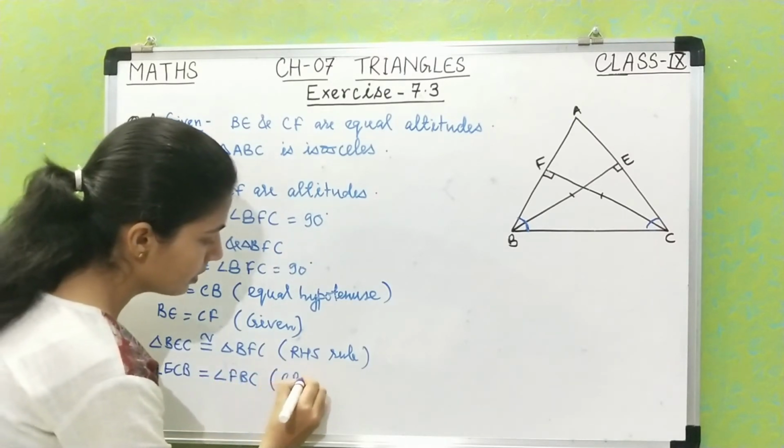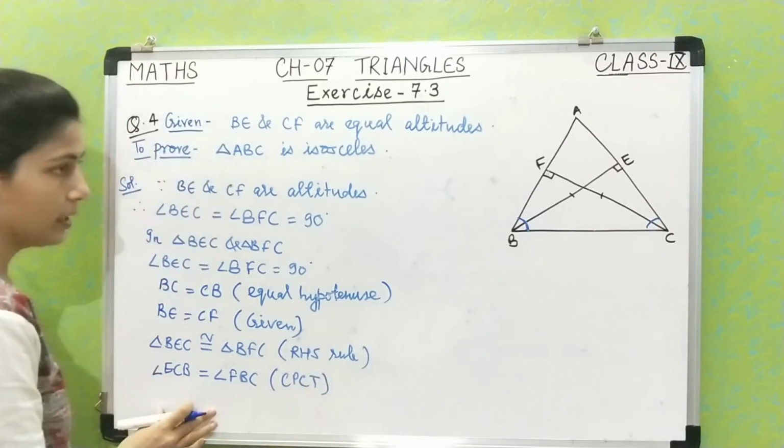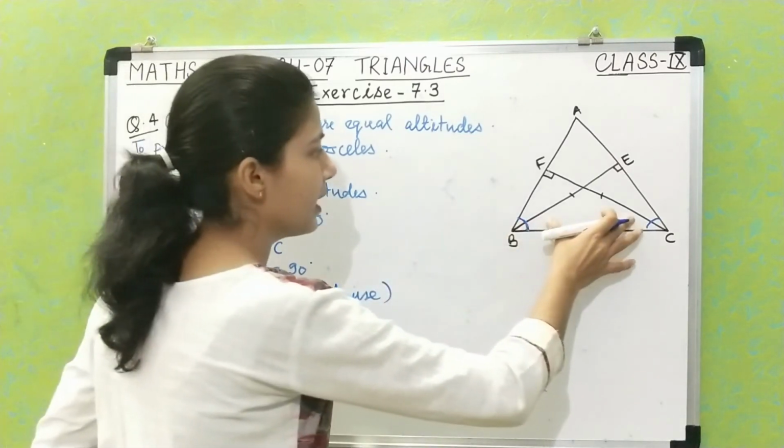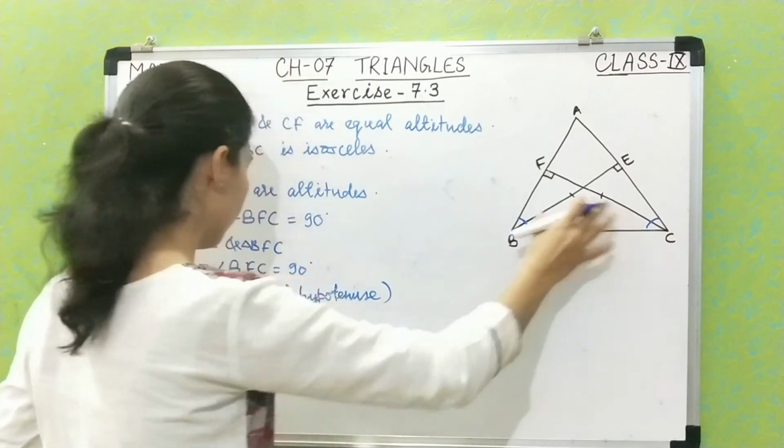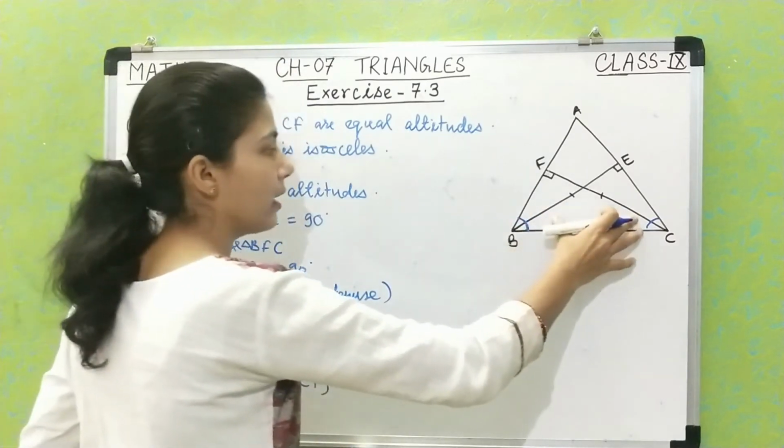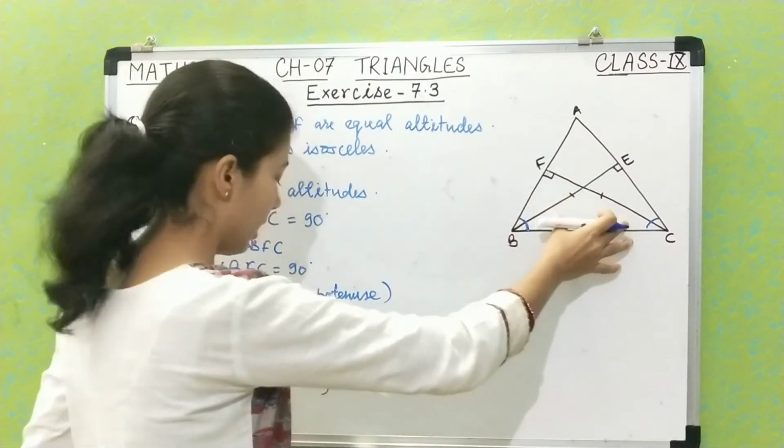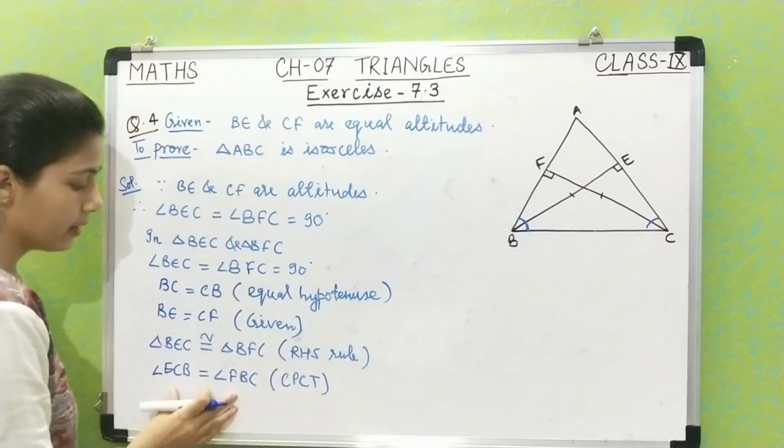Why? CPCT. Okay, these two angles we have shown as equal because these are the corresponding angles of congruent triangles. So we can write this here.